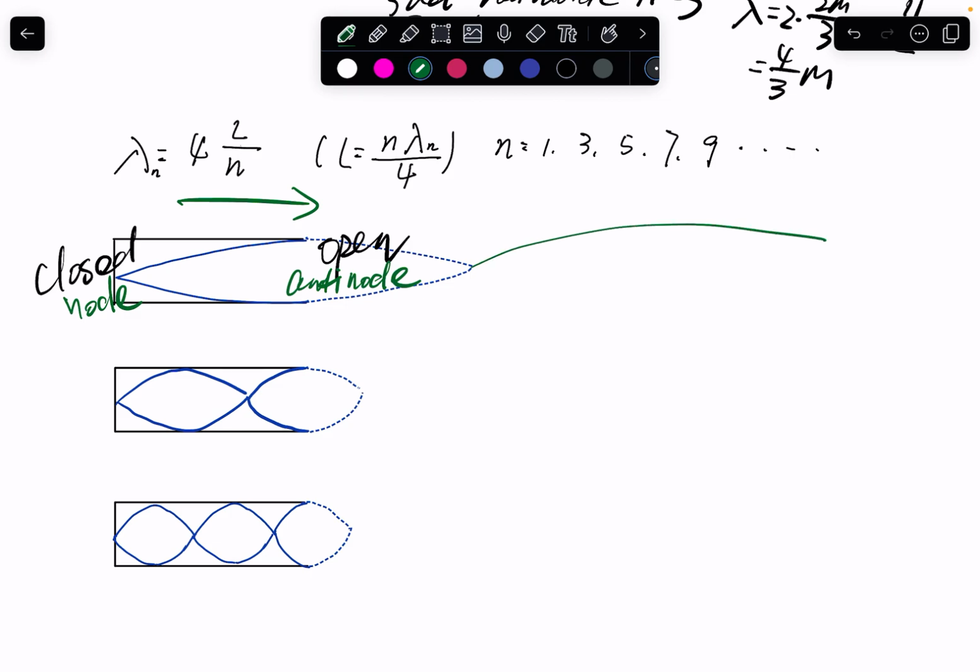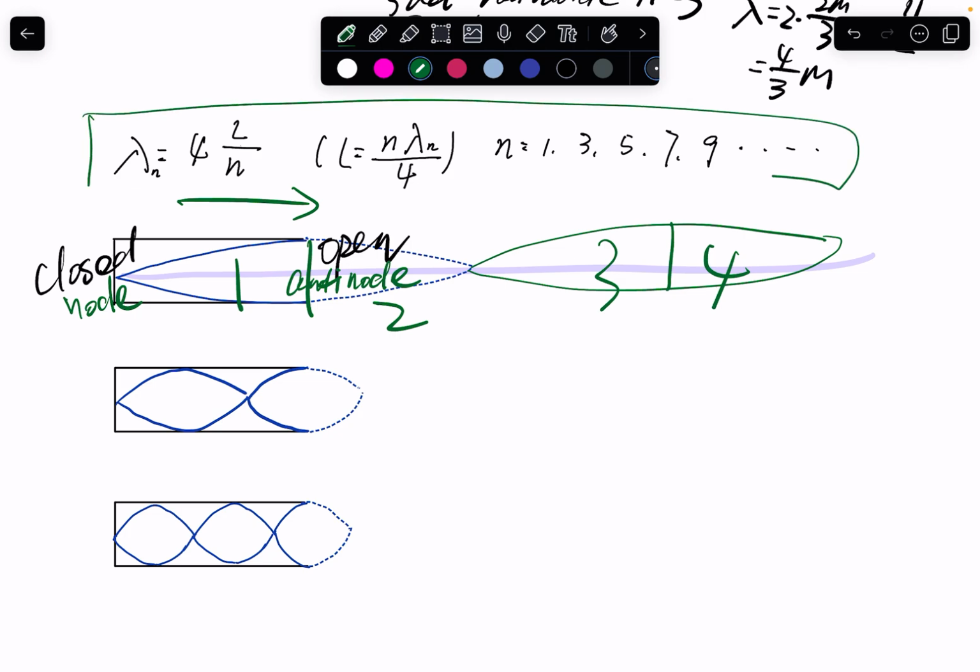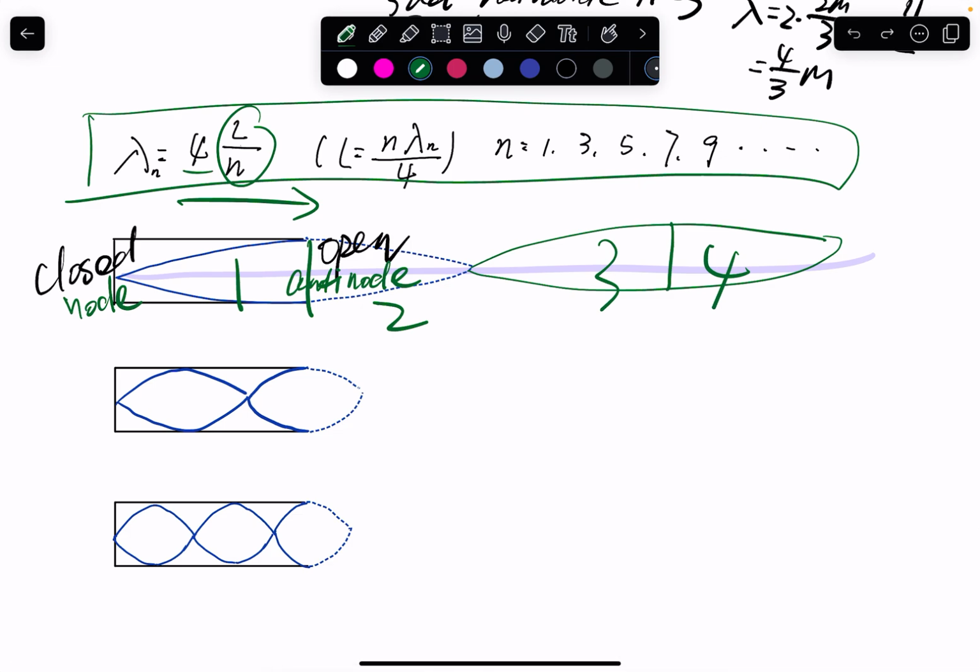So if I were to complete my wavelength, then you will see that this is my whole wavelength. So really, in a pipe, if I divide it into part 1, part 2, part 3, part 4, you see it's really 1/4 of the wavelength that is inside this pipe. This is the reason why the wavelength is 4 times L over n.